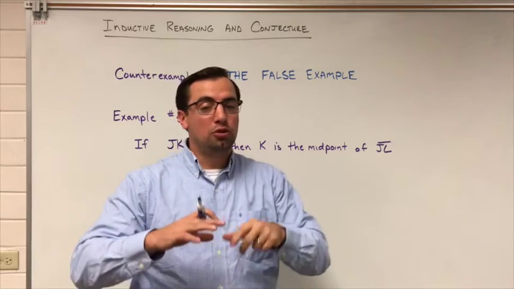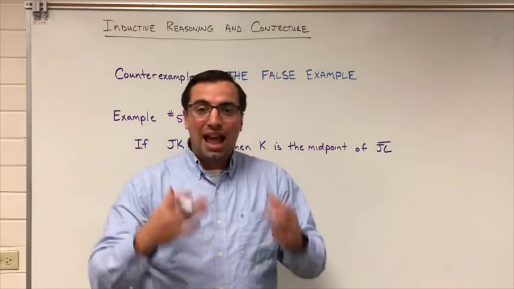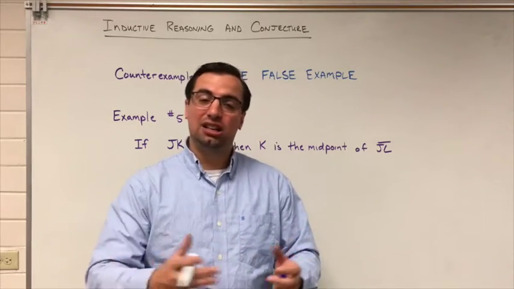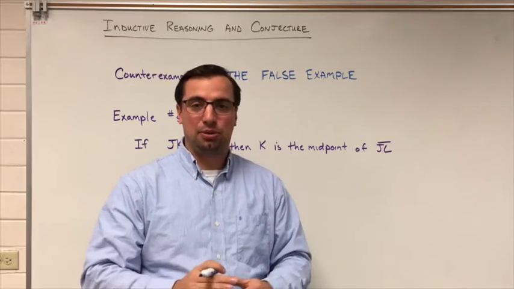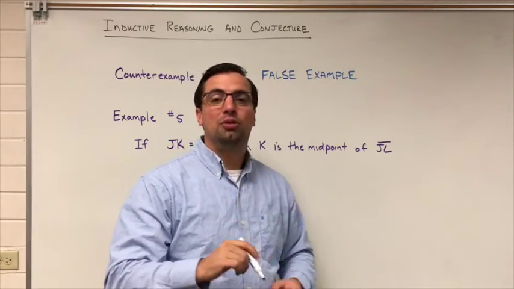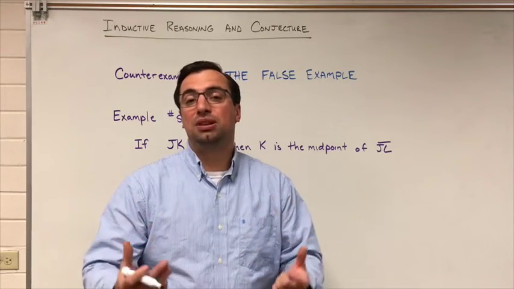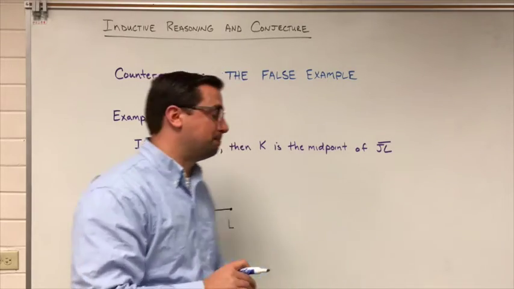So in order to prove that a conjecture is true, we actually have to have every single example be true. There can be no false examples. A way to prove that something is not true is to find a false example. Let's practice it.